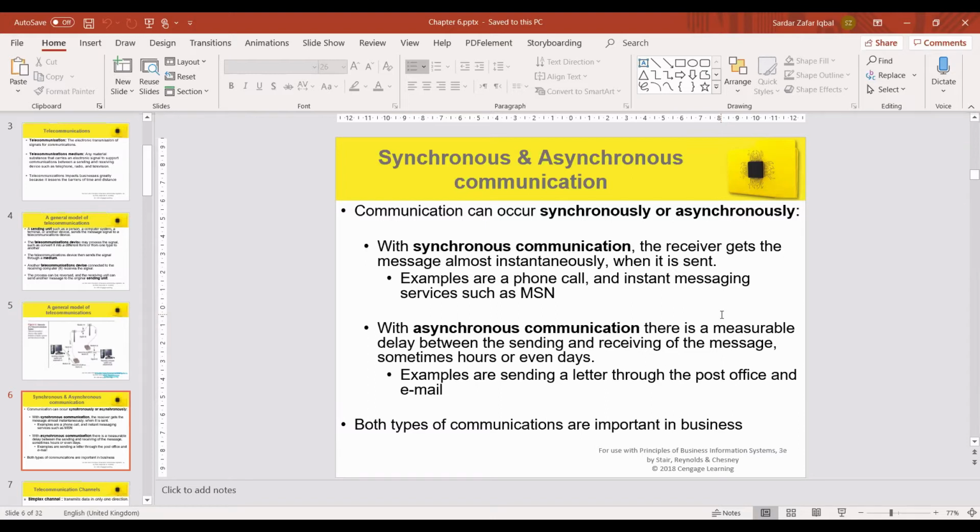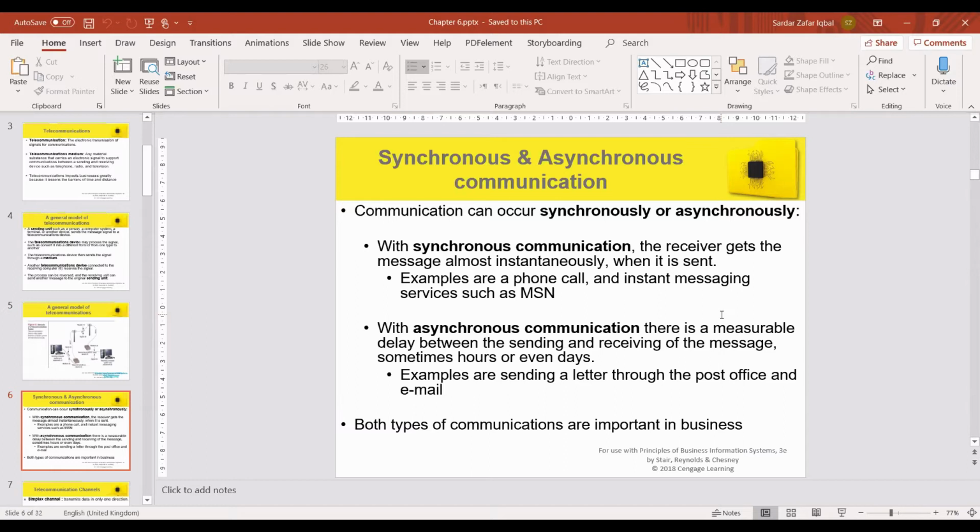With asynchronous communication, there is a measurable delay between sending and receiving of the message. Sometimes it takes hours or sometimes even days. Examples are sending a letter through the post office, and email. Usually they have a storage mechanism, and when you send an email, it will be stored there until it is read or reaches there.